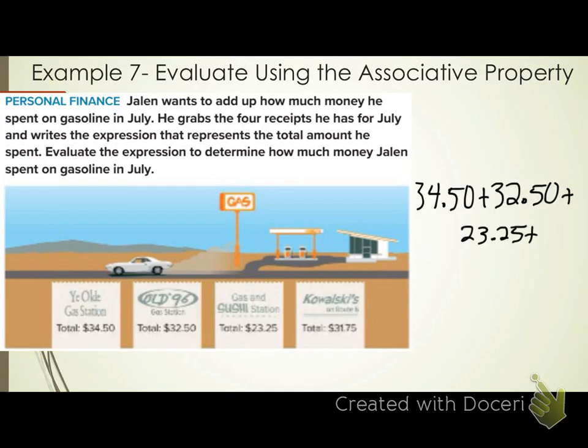Plus what? $31.75. Okay. If this was just a normal problem, up to this point in our mathematical careers, we'd probably just do the order of operations and work left to right. Add this, whatever we get for that sum. Add this to it, whatever we get for that sum. Add this to it. Correct? That's probably what you would do.